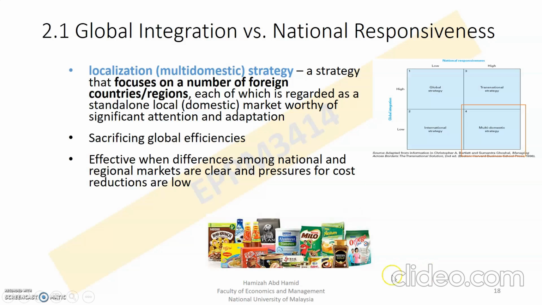For instance, the Milo factory in Malaysia actually produces a large amount of Milo for the Southeast Asia market, but not for other markets. For example, you can look into the candies that you eat, where the food is being manufactured, so you can have more sense, more understanding on national responsiveness.